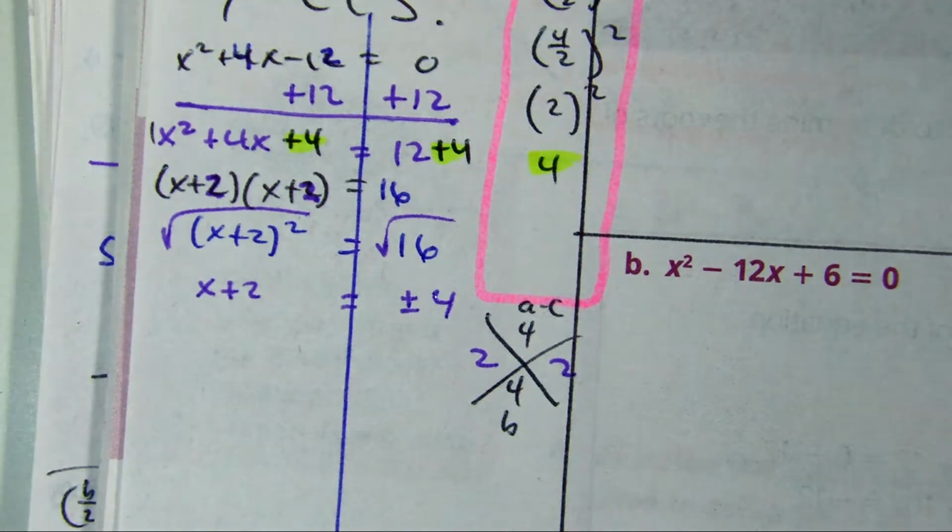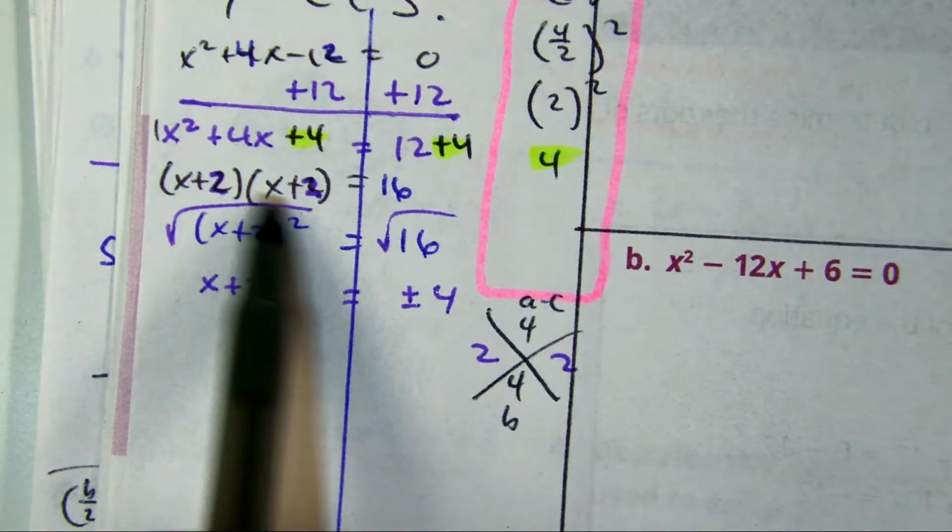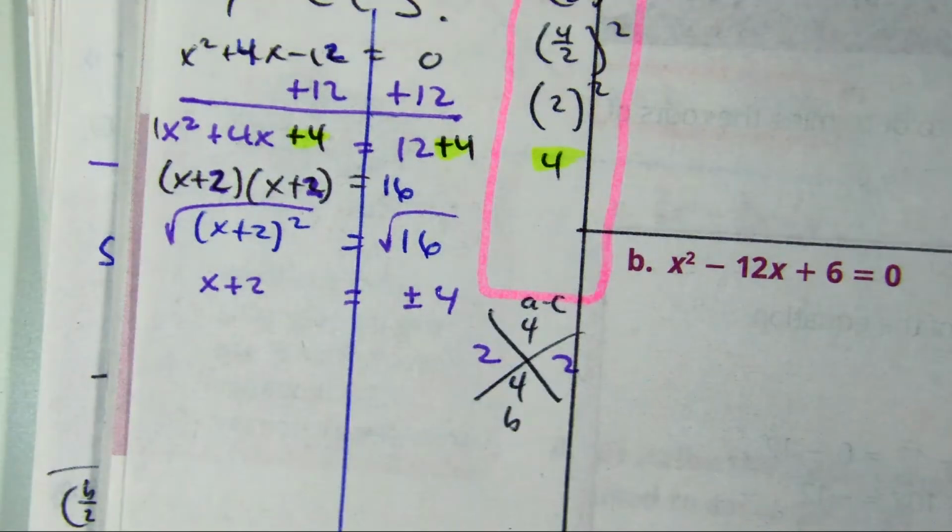Leslie with a Y. What do we do next? Okay, we just did that. And now we're just kind of solving. So how do I get x by itself here?